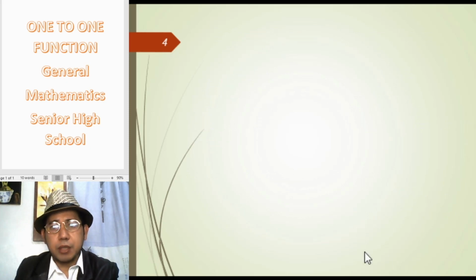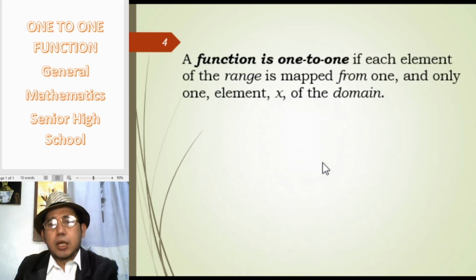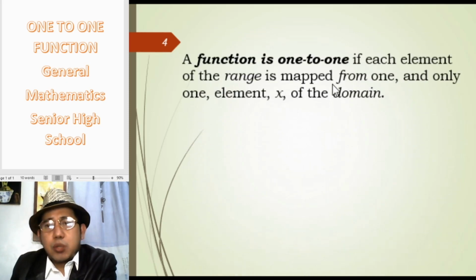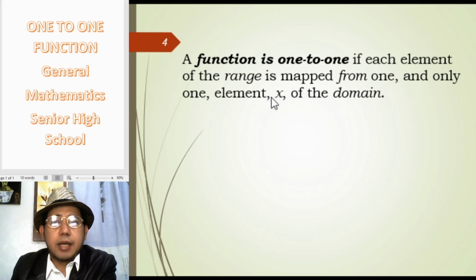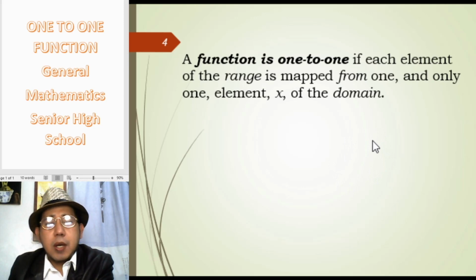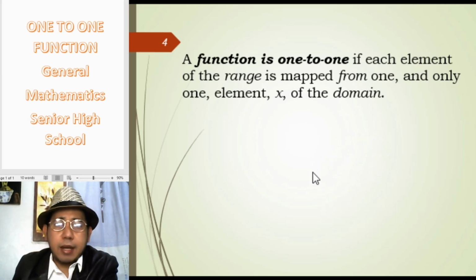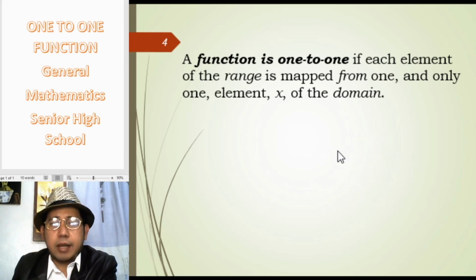Another one would be: a function is one-to-one if each element of the range is mapped from one and only one element x in the domain. Meaning, when we get the reverse, that element of y is mapped only to one element of the domain x and vice versa.